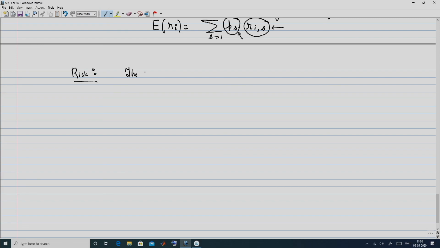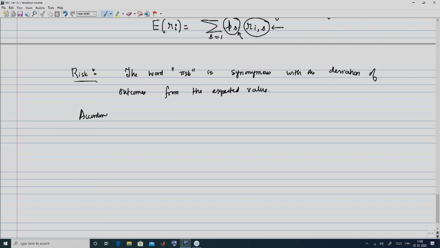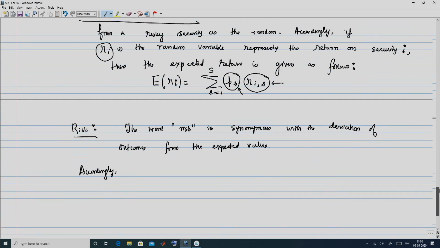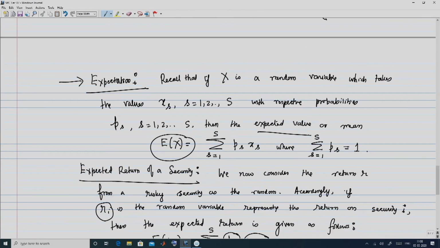Here, in the context of the discussion, the word risk is synonymous with the deviation of outcomes from the expected value.